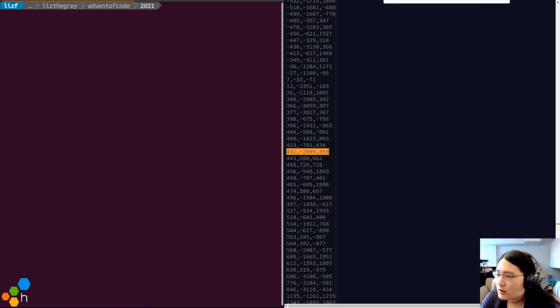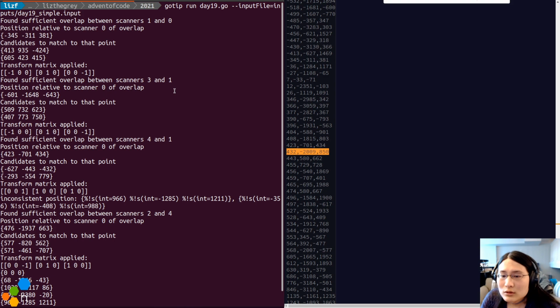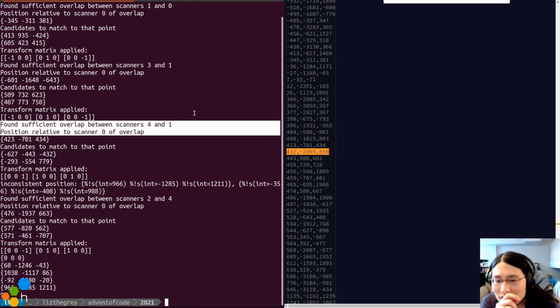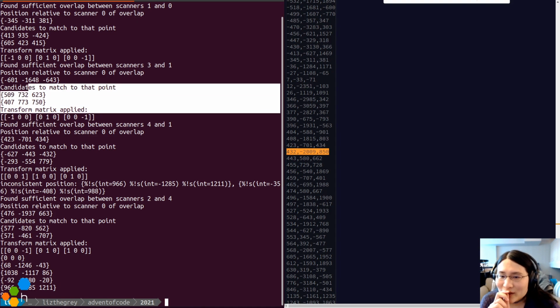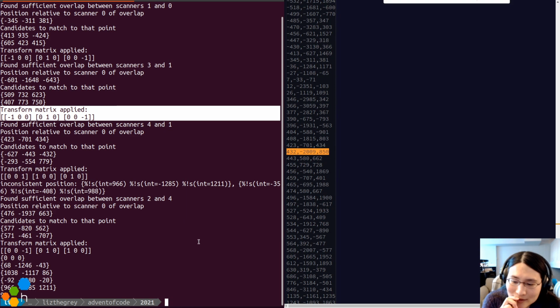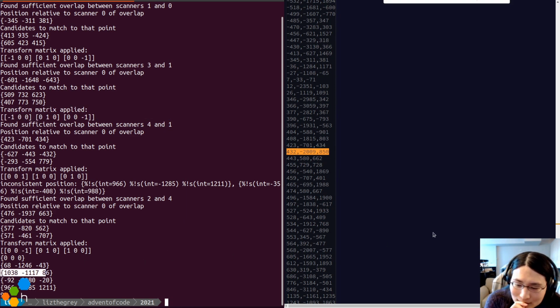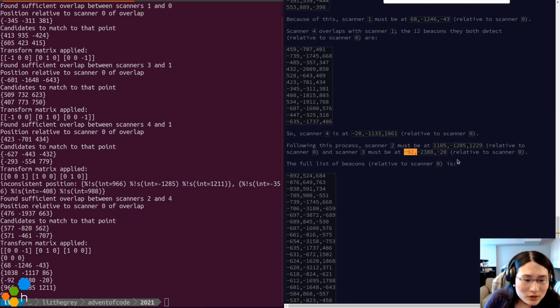This will work. Yeah, so here's the map between... In fact, what's interesting, right, is the overlap between scanners 3 and 1 is fine, I think. 0, 1, 2, 3, negative 92, negative 23, 80, negative 20, yeah.